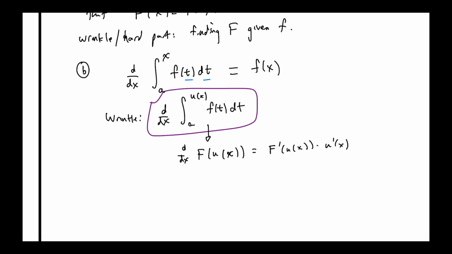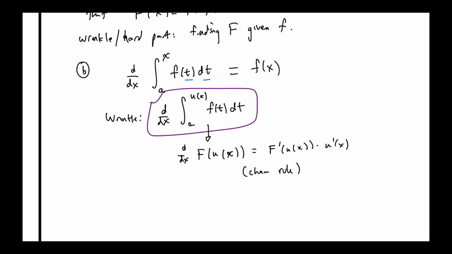F prime of u of x times u prime of x. Okay? So are we cool? That's the chain rule. Okay, yes? No, we're not finished yet, but is that step okay? Oui? Ou non? Okay, so we got that.